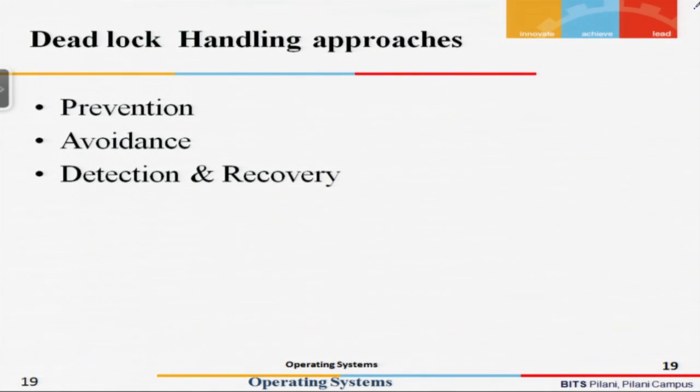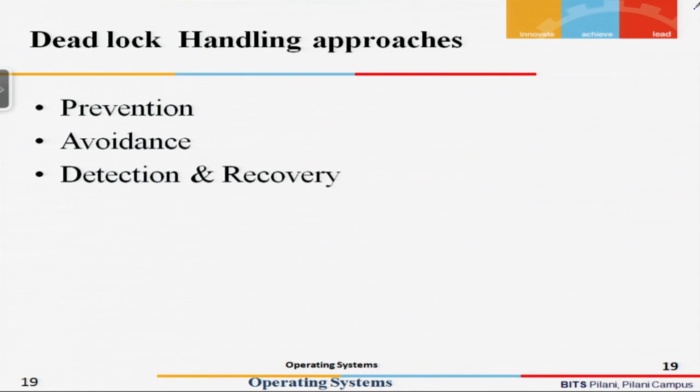We found that attempts to eliminate the conditions are not always possible. Therefore, one conclusion we can have is that deadlocks cannot always be prevented.